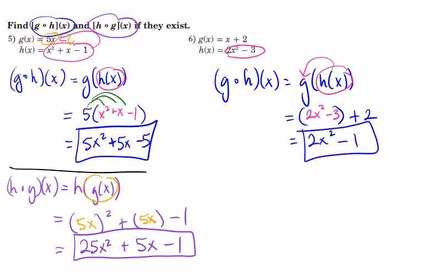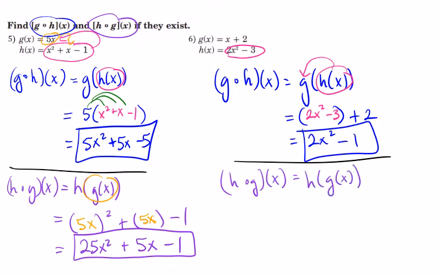Okay. Now we're going to do h of g of x. So now we're going to take g as the input function. So we're going to put g into h.